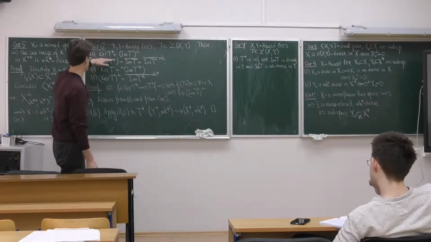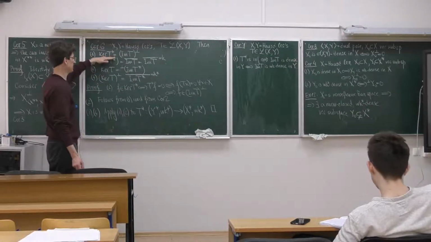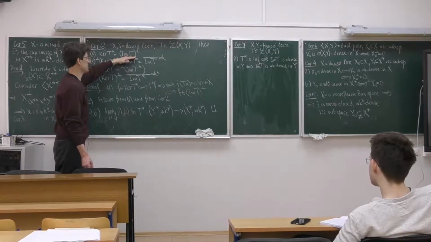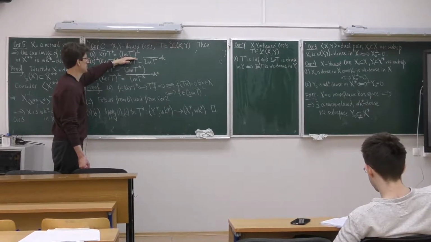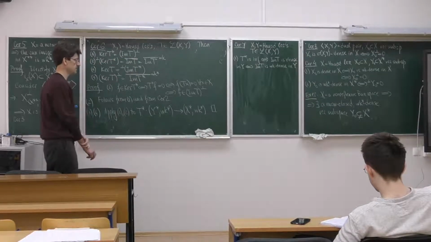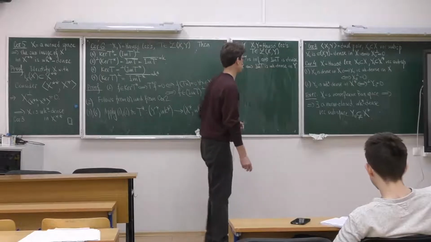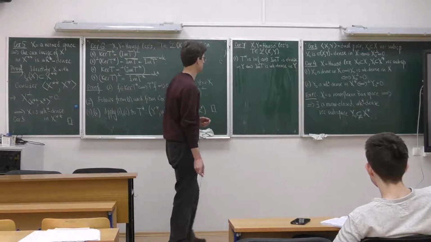Well, indeed, T star is injective if and only if its kernel is 0. That is, if and only if the annihilator of the image of T is 0, but we know that the annihilator is 0 if and only if the subspace is dense, or equivalently weakly dense, by corollary 1.